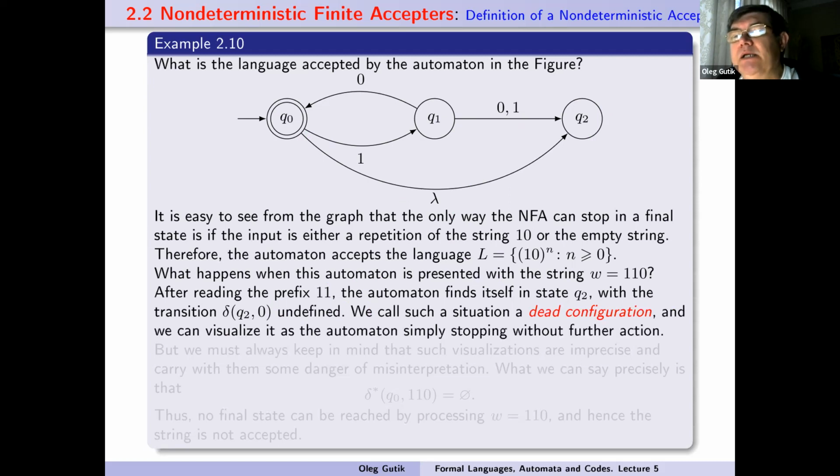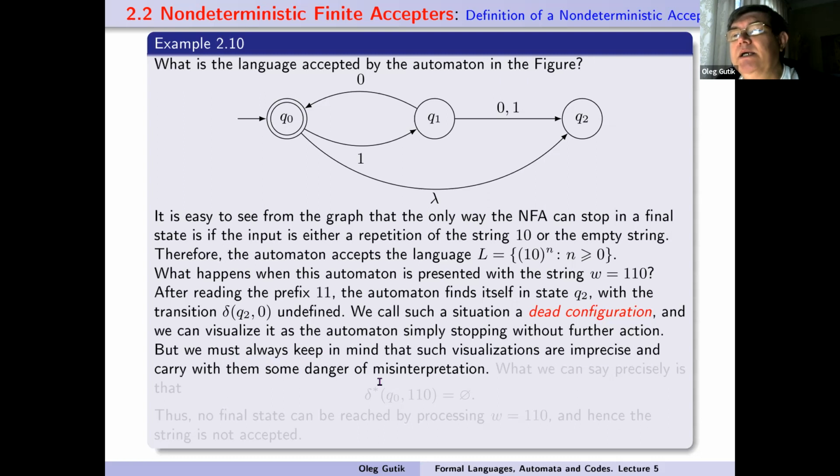We can visualize it as the automaton simply stopping without further action, but we must always keep in mind that such visualizations are imprecise and carry some danger of misinterpretation.